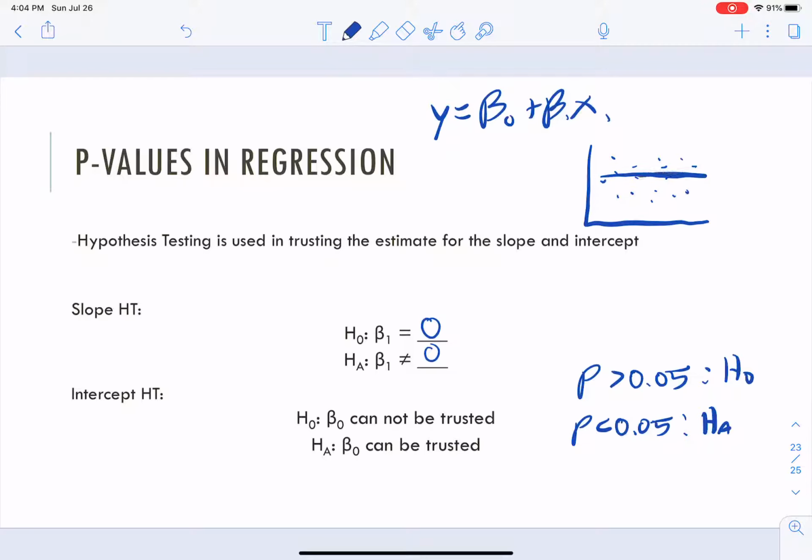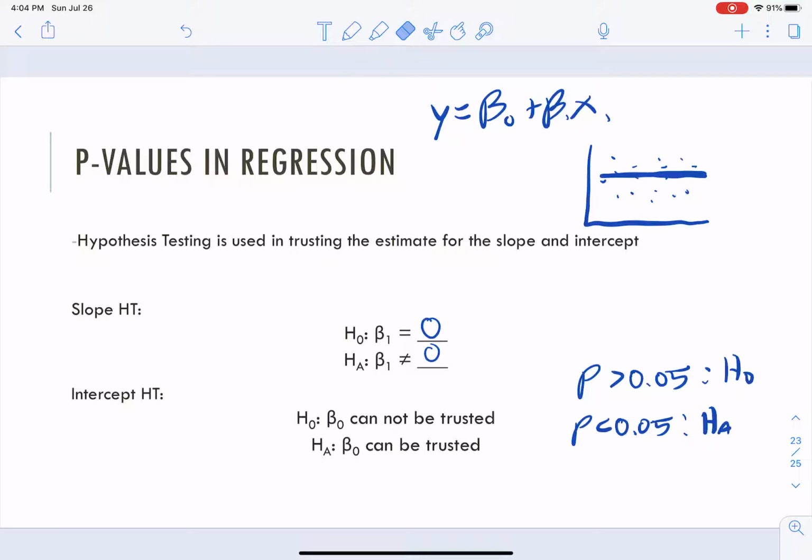There is no slope. And from this beta 1 here, we get our effect of x on y from that value. So if the slope here is 0, then that means there is no relationship between x and y, essentially.